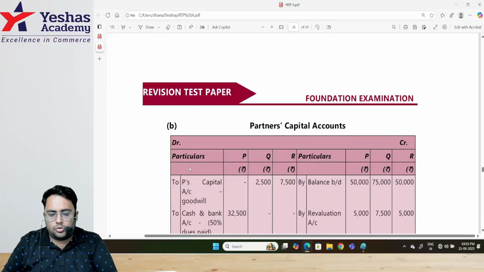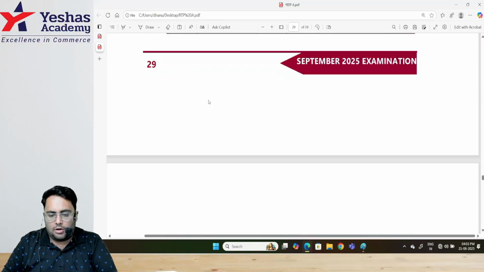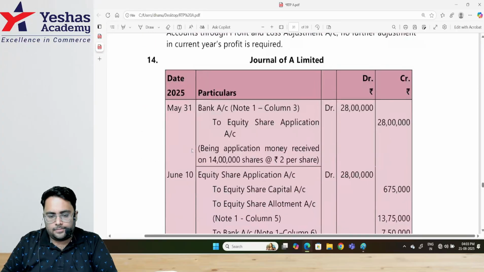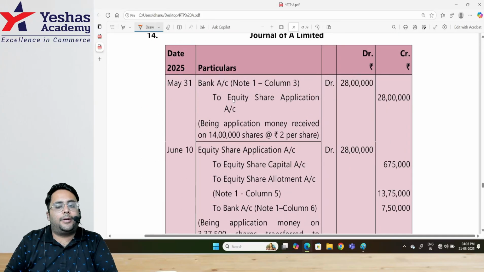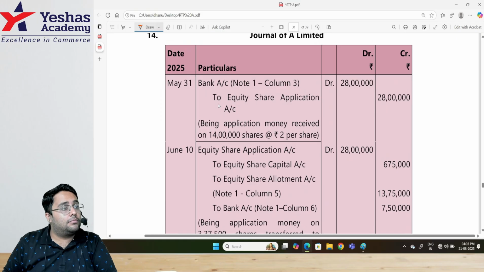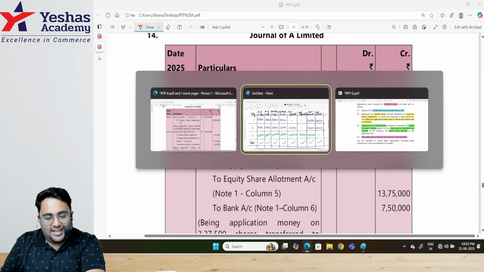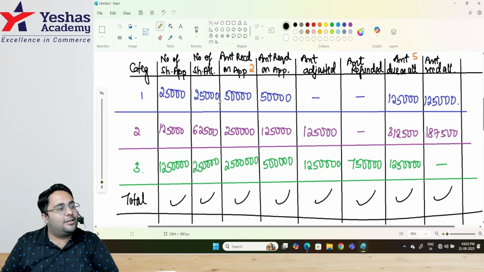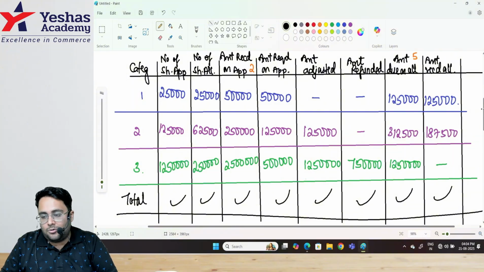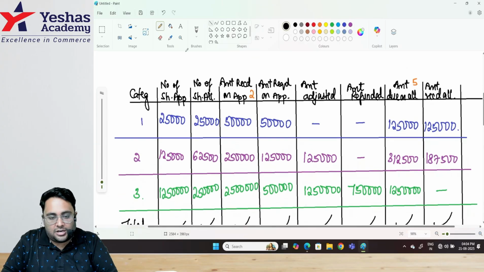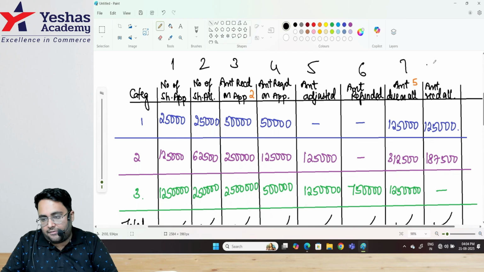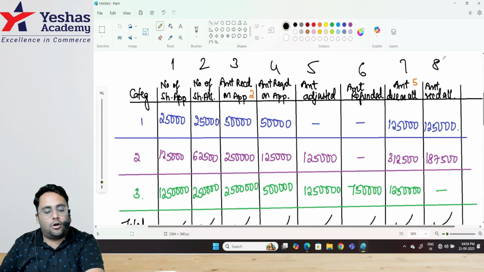Bank account debit to share application account. Which column? Go back class. Yeah, third column. Amount received on application, third column you will record over there.